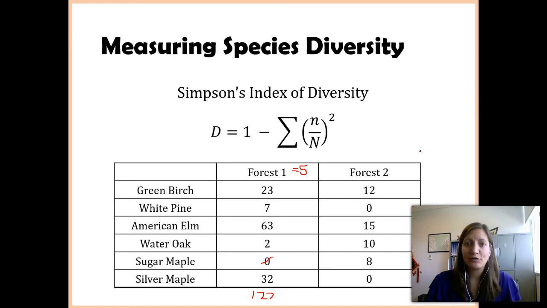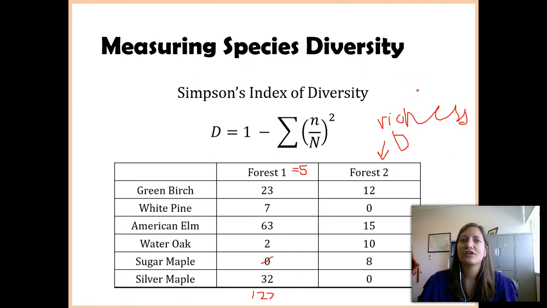You can write it in your notes, but I highly recommend practicing with this and then going to the bio cafe and talking with each other to figure out if you got the right answer. So what you should figure out for forest 2 is the richness and diversity.